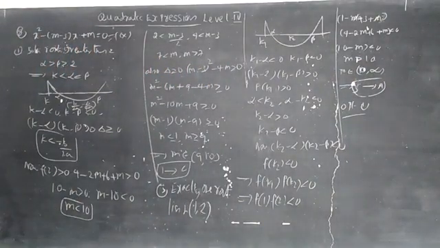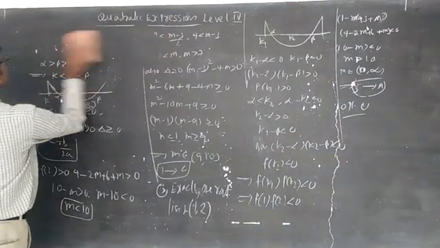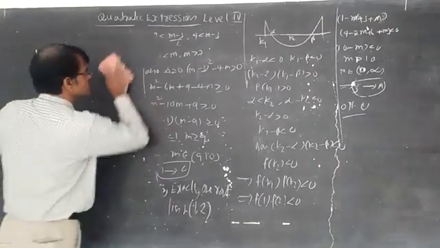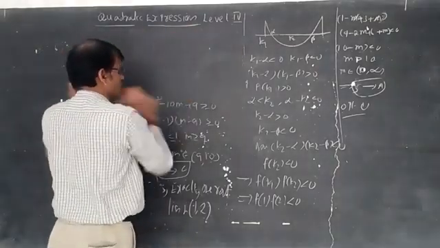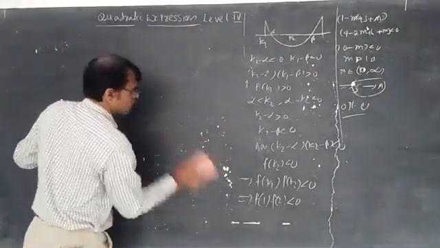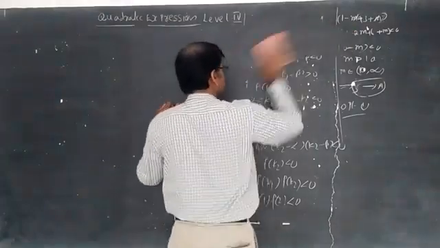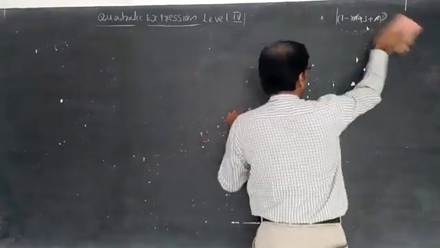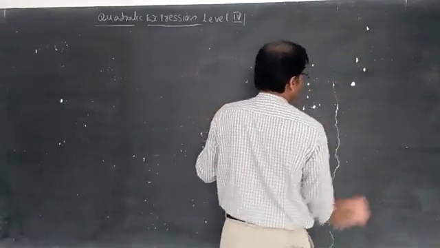Now we have started the depth concept. It depends upon assertion and reason. First option is both A and R are true and R is the correct explanation of A. Second option is both A and R are true, R is not the correct explanation of A. Third option, A is true, R is false.